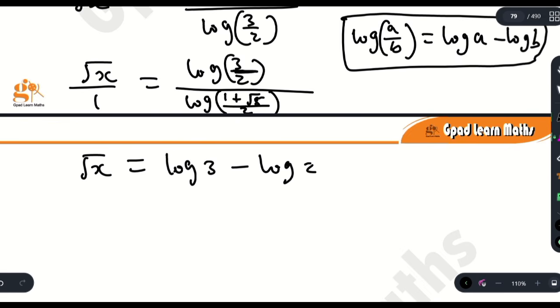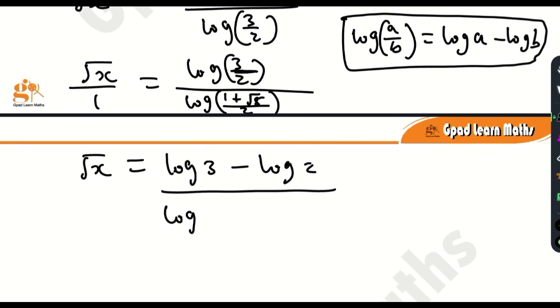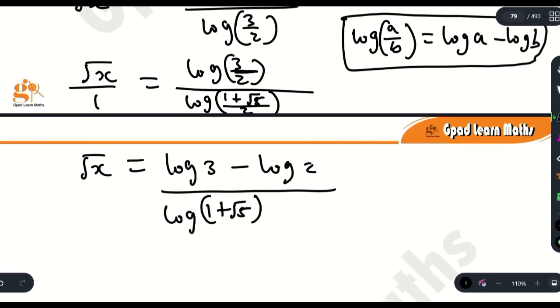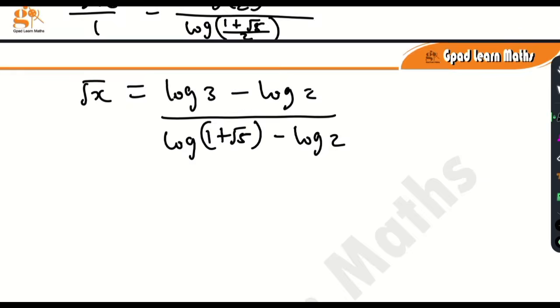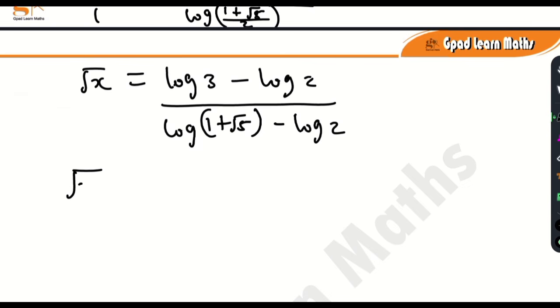Let me show you. There's a division here, right? Good. Then all divided by log of 1 plus root 5. Again, there's another division. Then minus log 2.